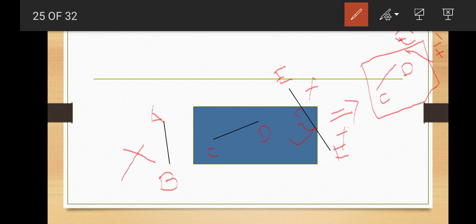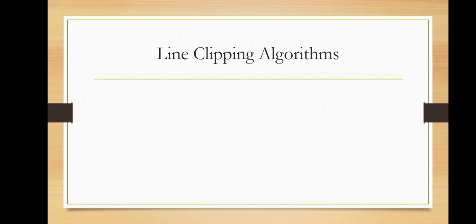So this is called line clipping. Here we can see it with our eyes and compare it, but in the case of a computer, it is not possible. So there are a few algorithms for removing the unwanted part and accepting the interesting part within a window.